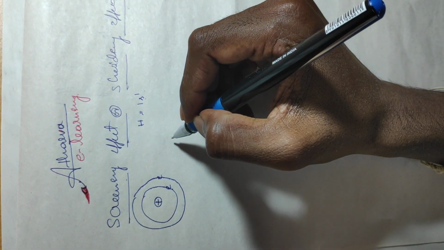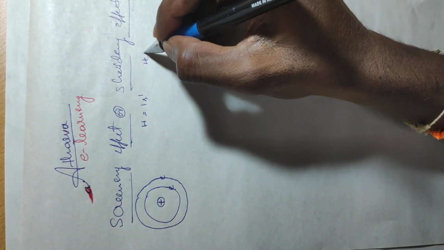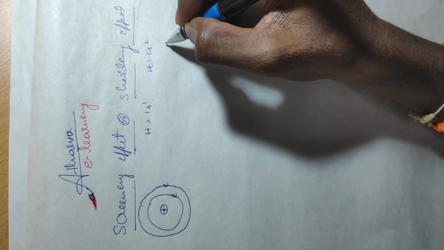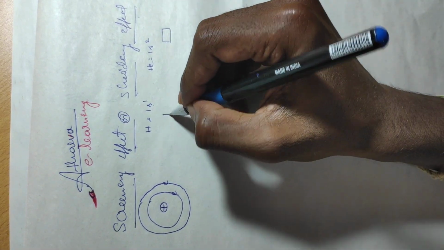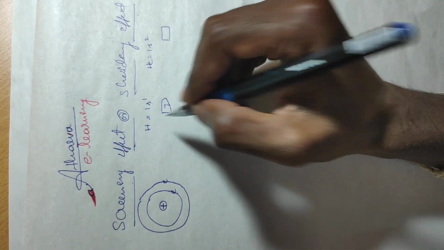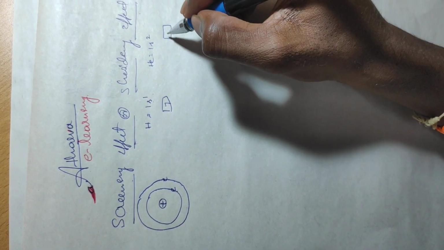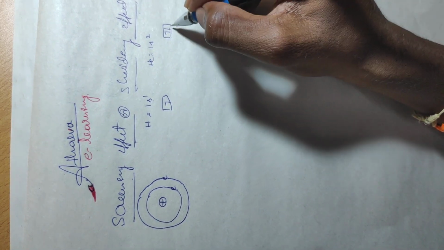If you consider another atom, helium, it will have 1s2, so it contains 2 electrons. So if you consider the s orbital, in the hydrogen atom it has 1 electron, and in the case of helium it contains 2 electrons.